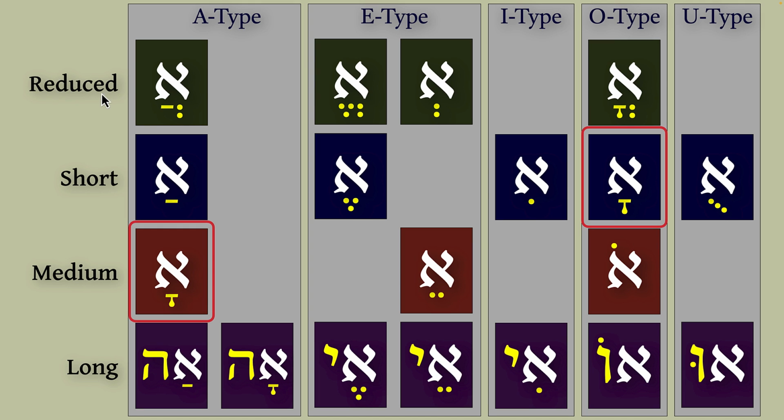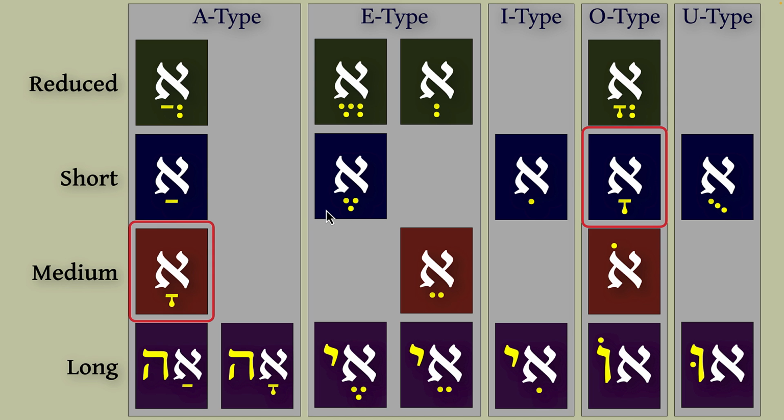We have reduced or very short vowels, like a shwa and a patak, a shwa and a segol, a shwa and a kamats. These are called compound shwa and shwa, reduced or very short vowels.